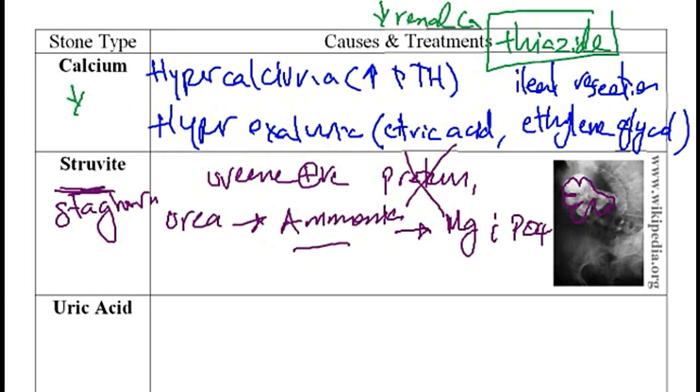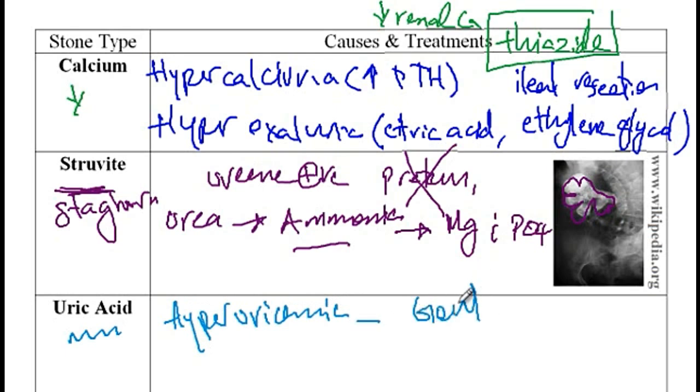The next form of renal stones are uric acid stones, which are commonly seen in patients with hyperuricemia. Conditions that can cause hyperuricemia, for instance, include gout, as well as patients with leukemia who undergo chemotherapy, and thus due to the high cellular destruction, there is an increased purine release from dying cells, which can cause hyperuricemia.